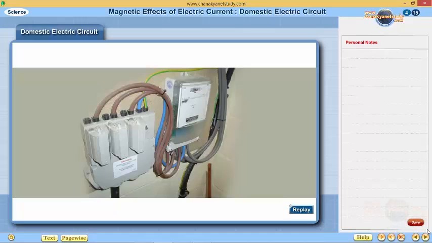The output power from the electric meter is taken to the main switch.